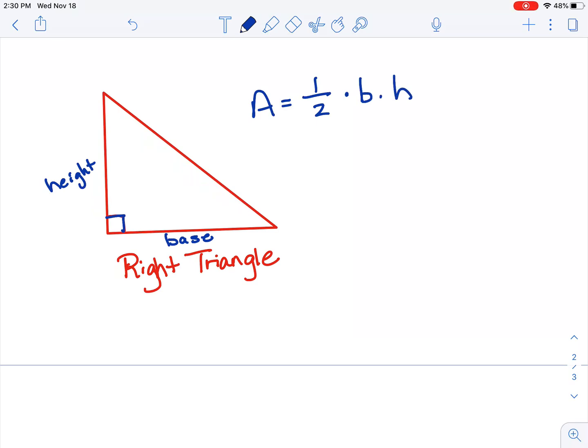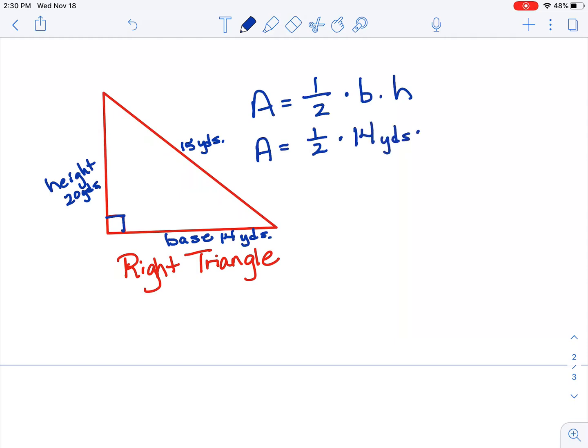So if I said this was 14 yards, and this was 20 yards, and this was 15 yards, I'll try to trick you like that. Area is 1/2, that's my constant. My base is 14 yards.